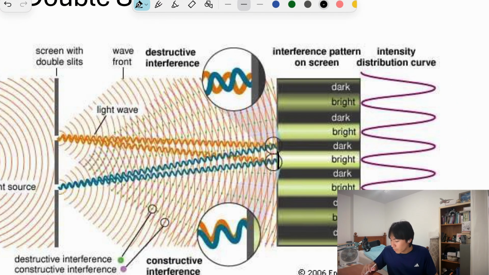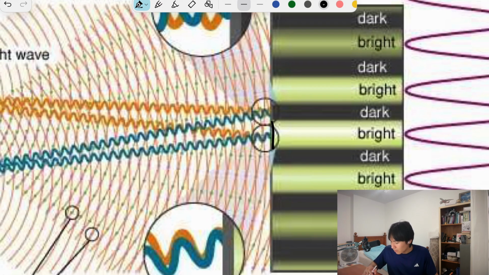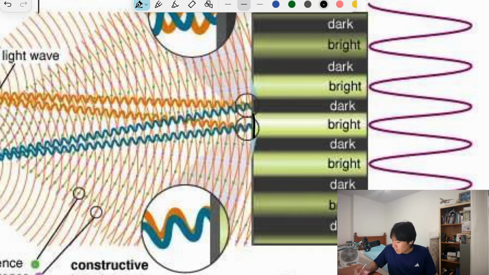I think this diagram helps understand why there are bright spots and dark spots. For example, on the diagram, on the bright spot, you see a constructive interference where there is a peak to peak between the orange and blue waves. So that's why there's a bright region.